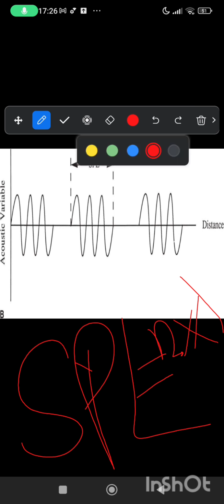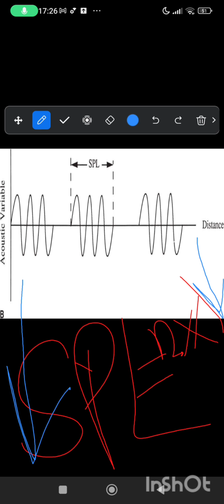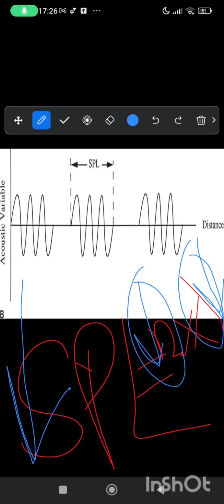To reduce the SPL, either decrease the wavelength or decrease the number of cycles in the pulse. Wavelength is inversely related to frequency, so decreasing the wavelength means increasing the frequency. All of these things improve the axial resolution.